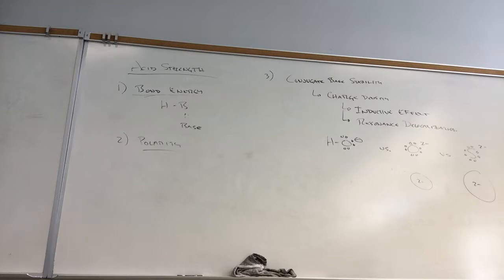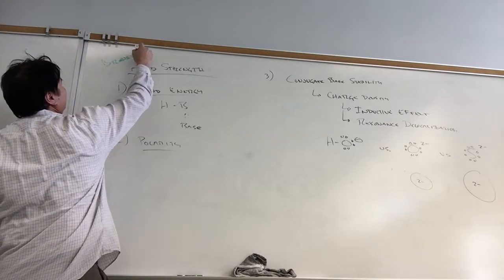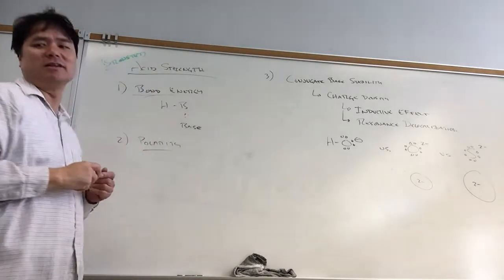You're thinking metathesis reaction, so no, we don't want to think in those terms. We're just doing Bronsted acid-base. So this is for Bronsted. Lewis are much trickier. So Bronsted acid strength.